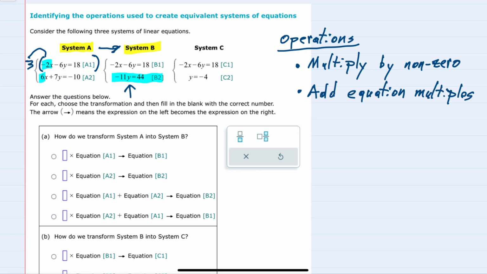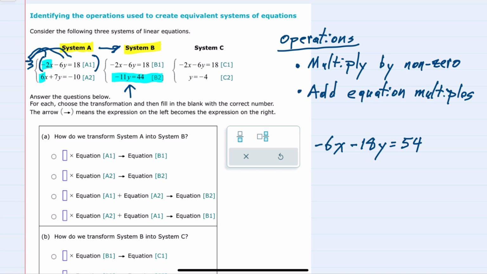That would give me 3 times -2x is a -6x, 3 times -6y is a -18y, and 3 times an 18 is 54.